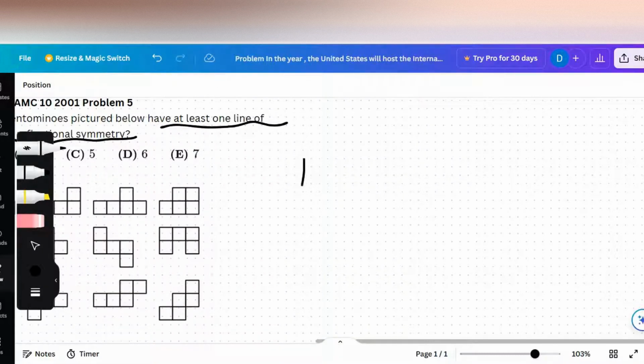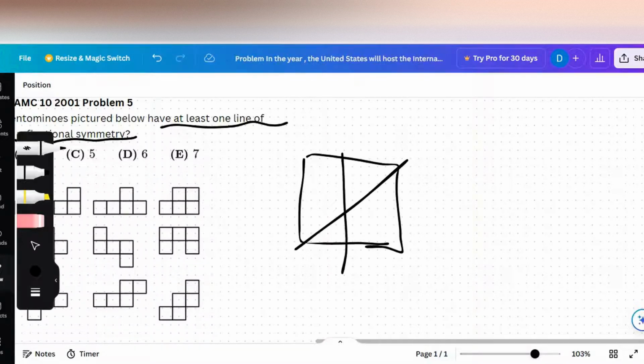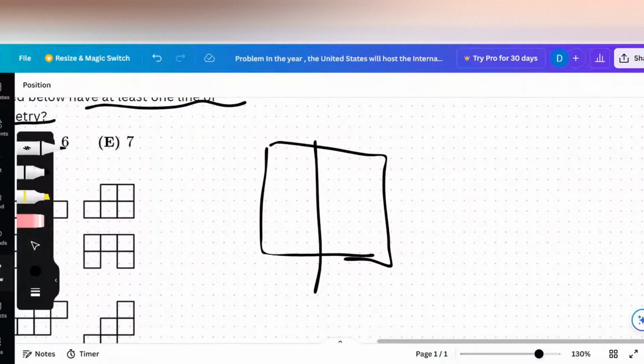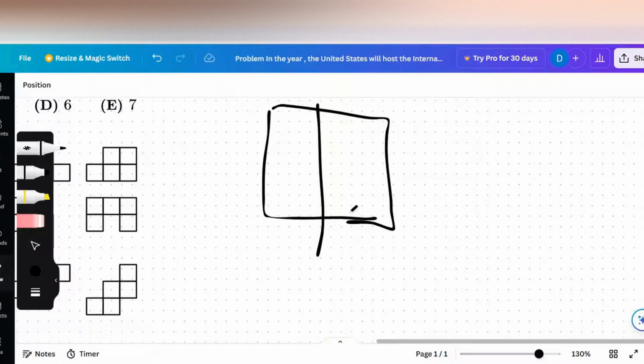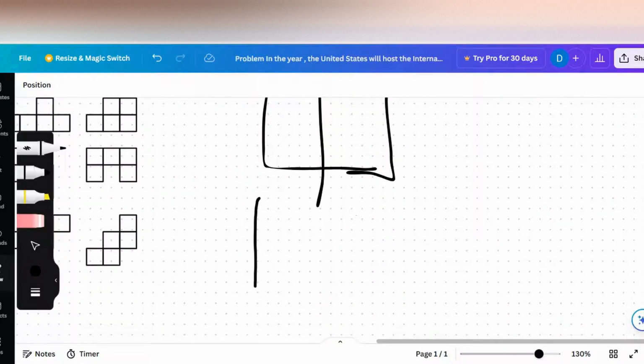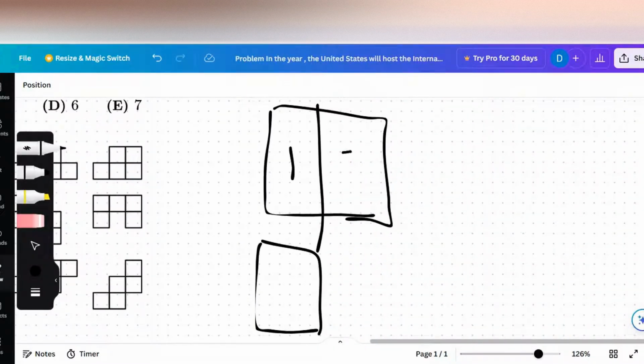We can take a square, for instance. If we divide it by either its diagonal right here, or in half vertically, we can see that it has two equal parts. This is part one, and this is part two.